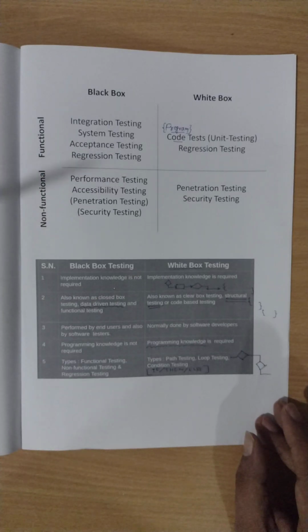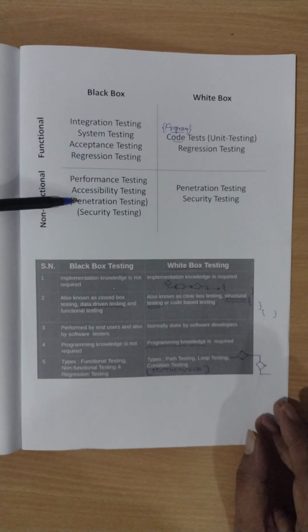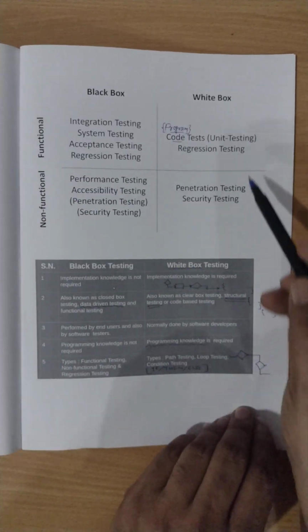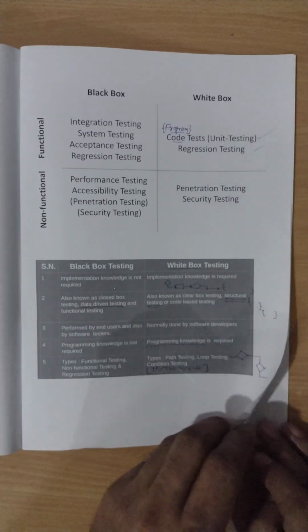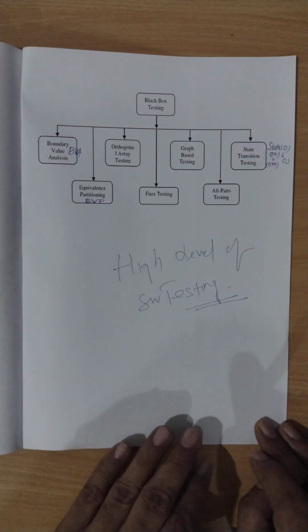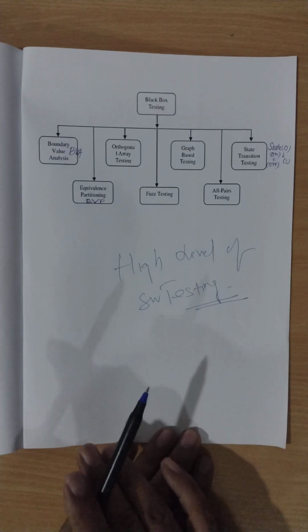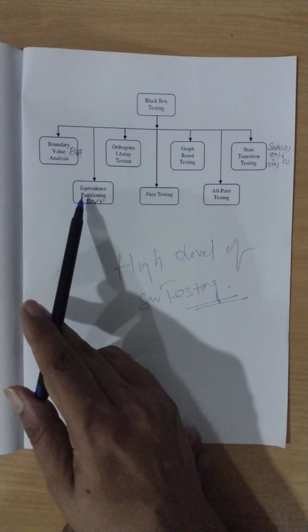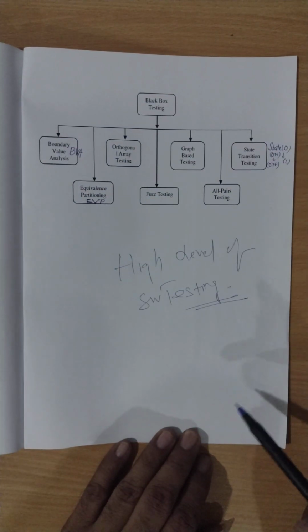Non-functional we have seen in some of the other diagrams also. We have seen performance testing, accessibility testing, penetration testing, security testing, and like that. And under white box we have seen unit testing, regression testing, and all these things are being conducted. Under black box testing, various types like boundary value analysis, equivalence partitioning, and various methods are being used.